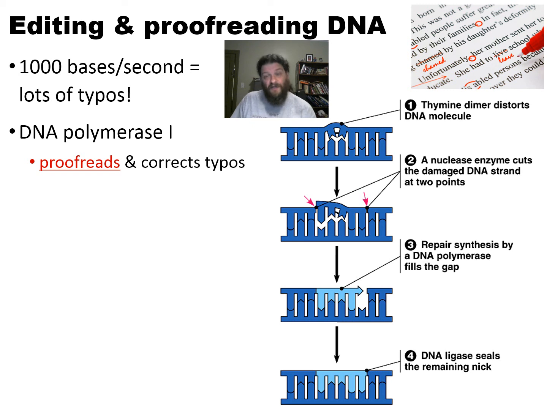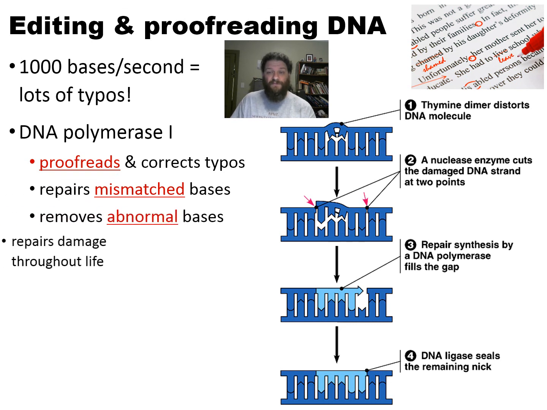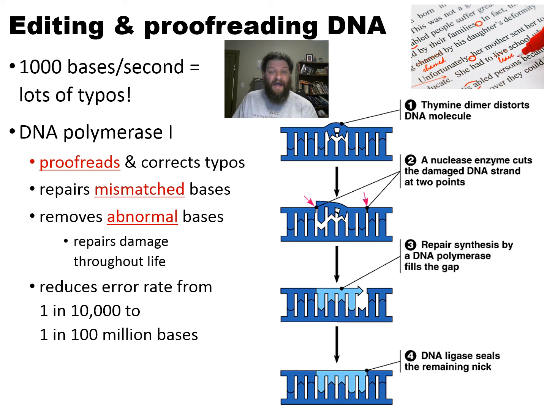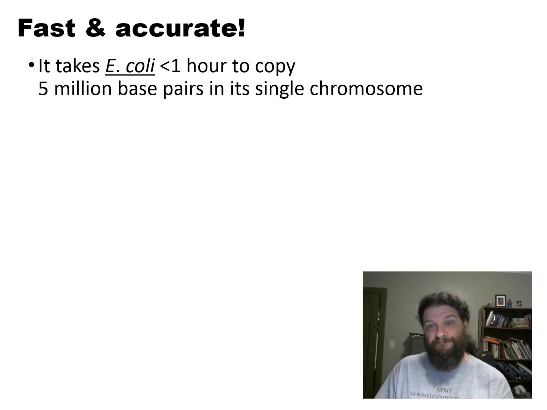DNA polymerase 1 can come by and clip out the offending base and replace it with a nucleotide with the appropriate base. It's pretty amazing at the amount of error reduction that these, again, stupid molecules are capable of achieving.